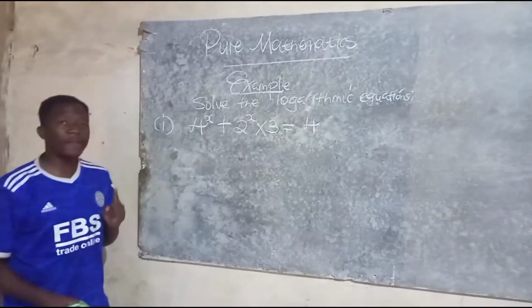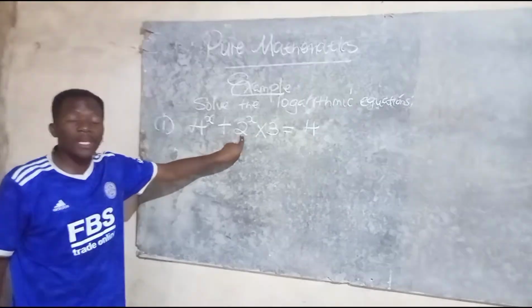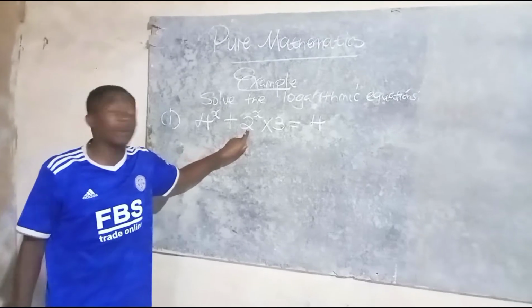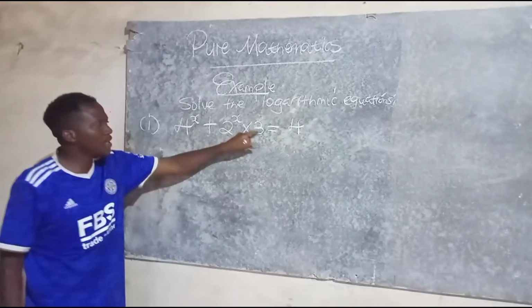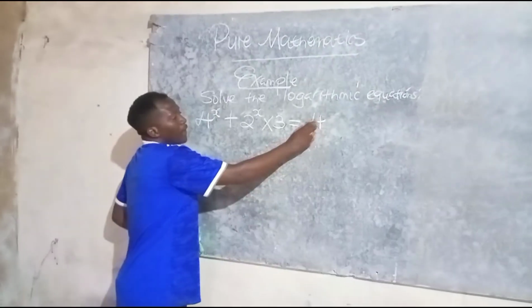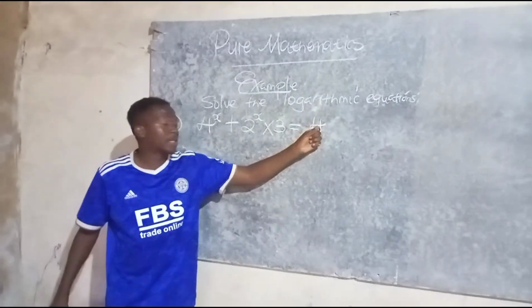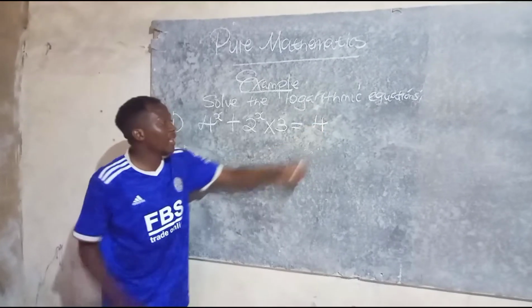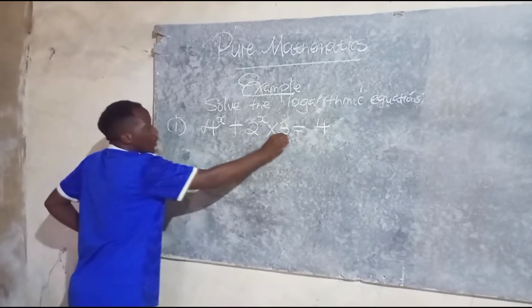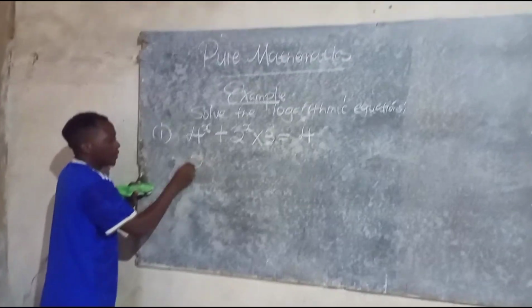The first thing we have to understand is that this cannot be solved using an index way of solving, in the sense that this 3 cannot be reduced to base 2. Then this 4 we have here cannot also be reduced to base 2, in the sense that this 3 cannot. So here we are going to say 4 raised to the power x can be reduced to 2.